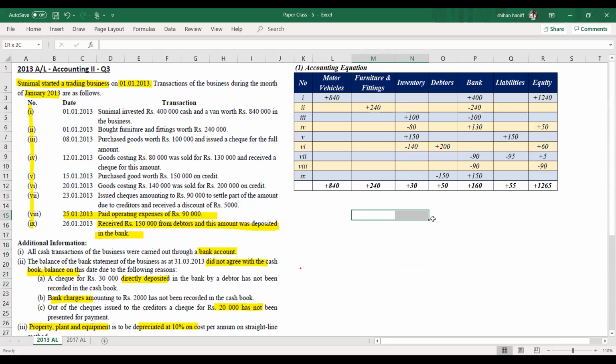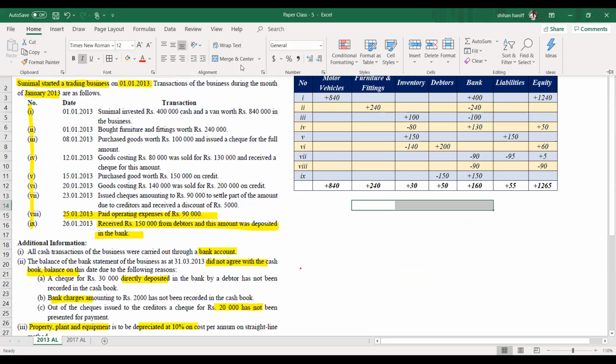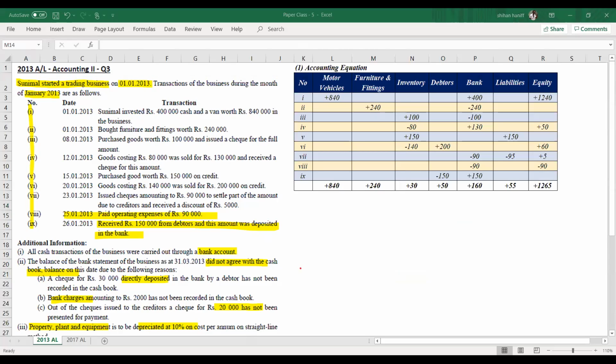So what we can do is we can prepare an adjusted bank account and a bank reconciliation statement. Right? So we can draw a bank reconciliation statement and an adjusted cash account.